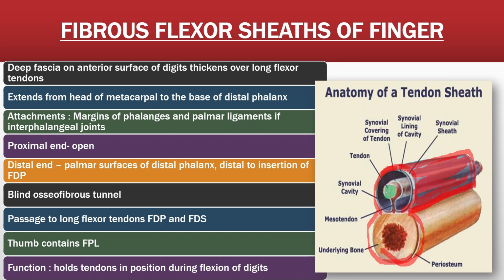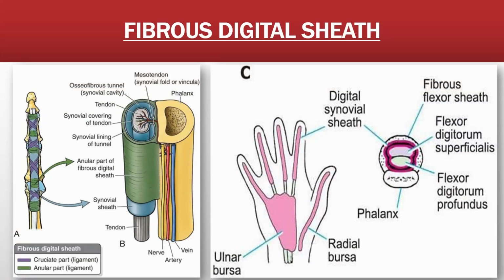So you see this finger, this is one digit, these are the phalanges: this is your proximal phalanx, the middle phalanx, the distal phalanx. Here, these are the interphalangeal joints.